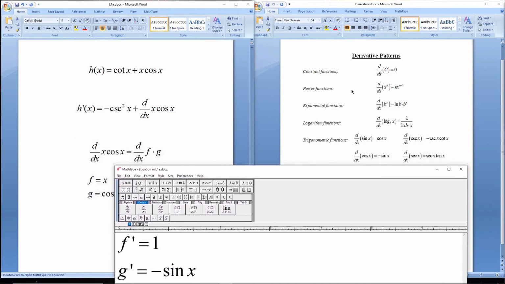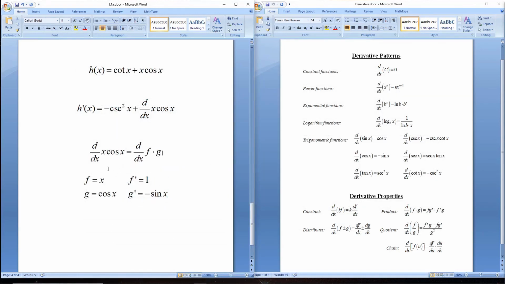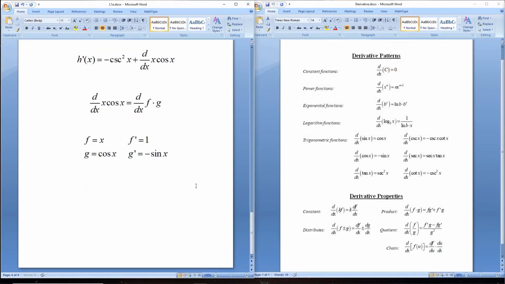So x is a power function, and the derivative of cosine is minus sine. And here's our information. This information then allows us to complete the product rule.